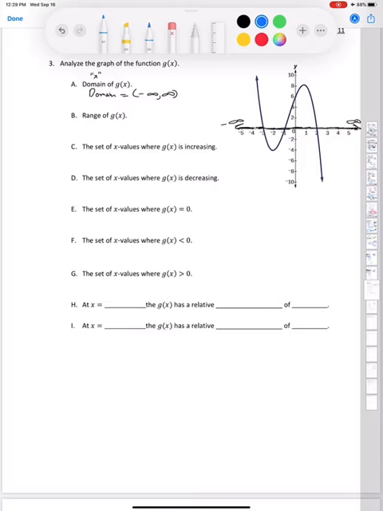Now as we look at the range, right, range are of course a list of all the y values that make up this function graph. So if I'm looking at it, right, with our graph in front of us, we want to look at the y-axis. So where's your graph go? Right, how far down does it go? Well, it goes down forever to negative infinity, right? And of course, it climbs up to positive infinity. If you look at the left and right tails of this graph, right, the left and right tails go opposite directions.